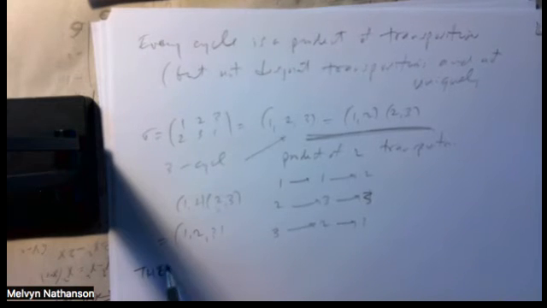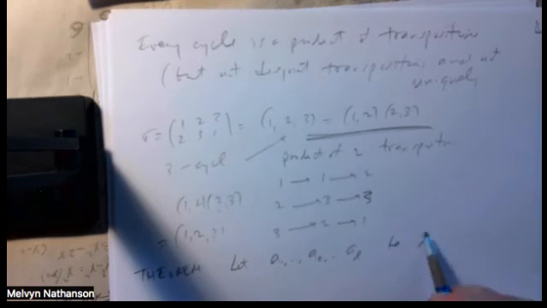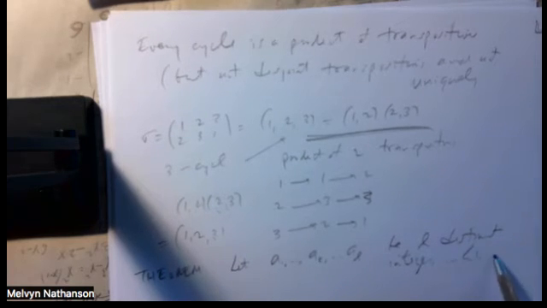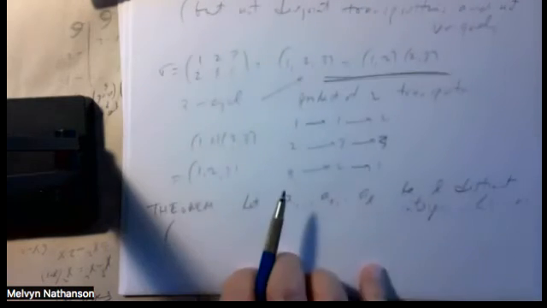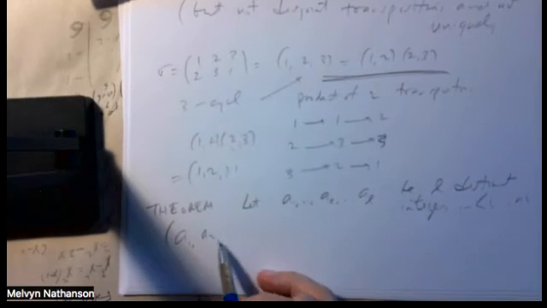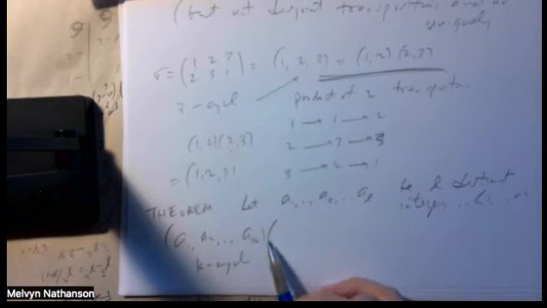The general important fact about permutations is the following. Suppose I let A1 up to A sub L be L distinct integers in the set from 1 to n. If I take the K cycle, (A1 A2 up to A sub K), this is a K cycle.